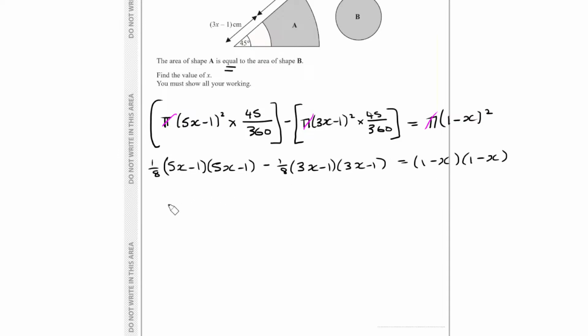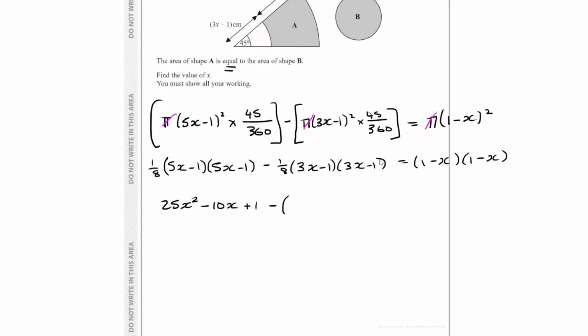But let's expand this. So 25x squared minus 5x minus 5x is minus 10x. And then don't forget that there is a plus 1 at the end. And then this is minus, so kind of like that other one we did with the index laws, when we were subtracting 2n minus 2, this is the same thing.